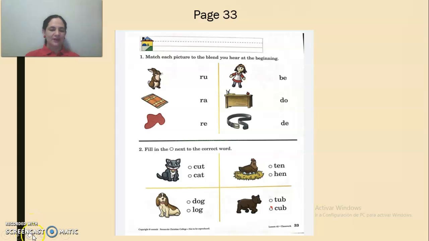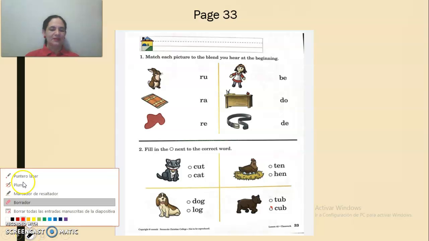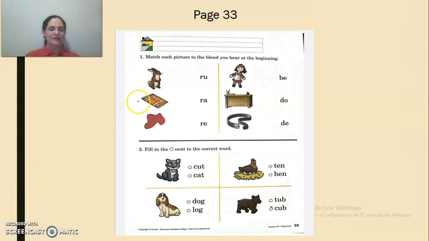I'm gonna get the pen. Okay, let's do it. Let's match it. Yes, now rug, rug. Okay, so rug begins with the blend ra. Yes, correct. Let's match it.